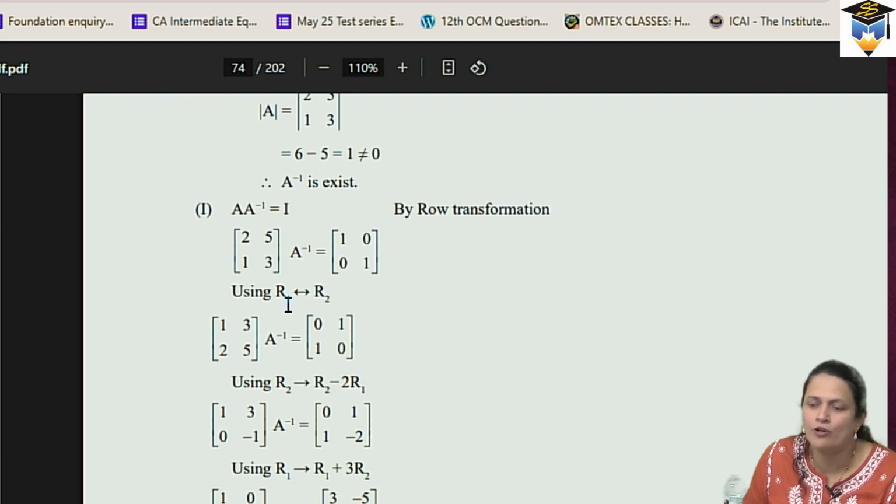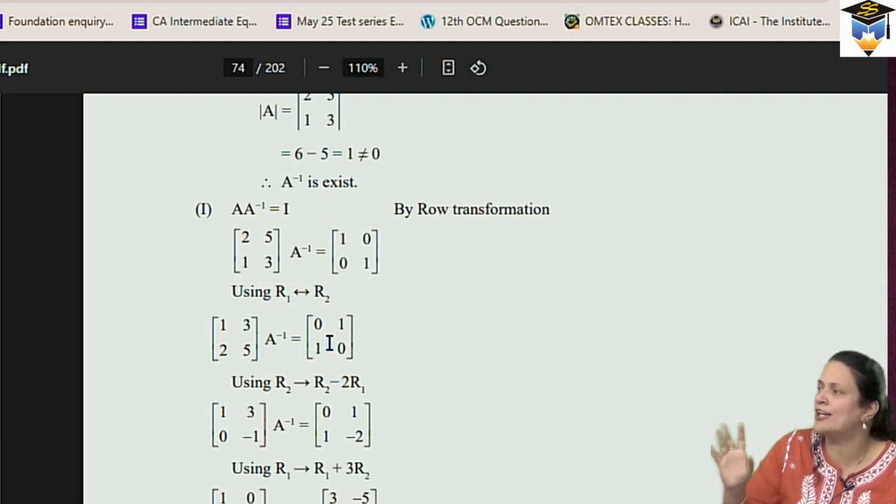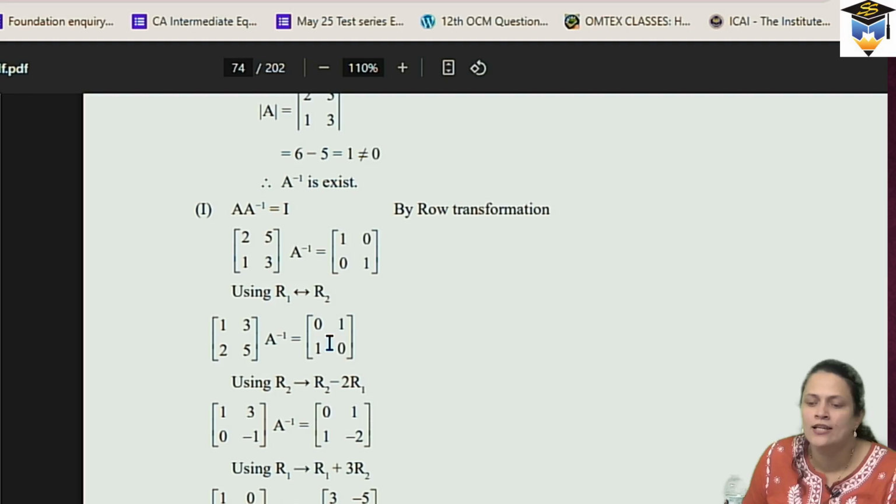Okay, so first step what they have done, they have interchanged row 1 and 2. So here as you can see, row 1 and 2 is interchanged. Similarly here also, left hand side and right hand side, the rows are interchanged. Now you want this to be 0. So R2 is converted in such a way that it is R2 minus 2R1. So 2 minus 1 into 2, so this becomes 0. Change both the sides.